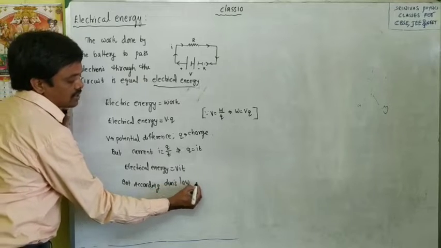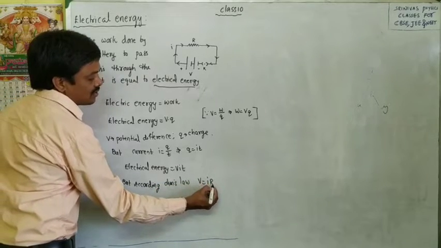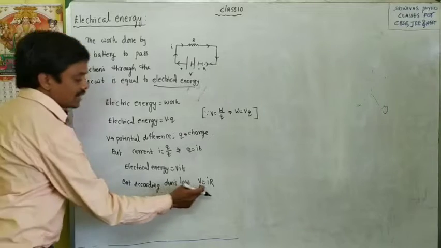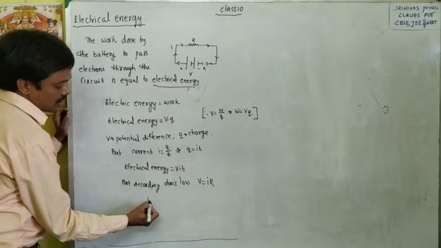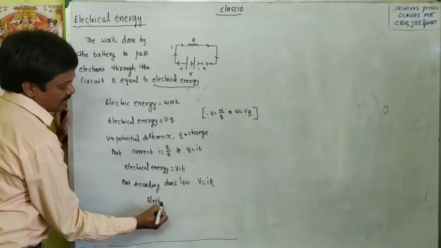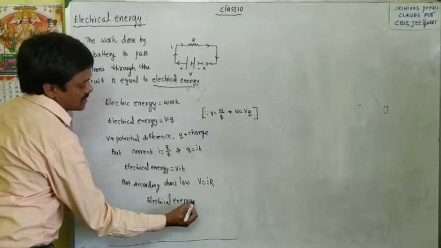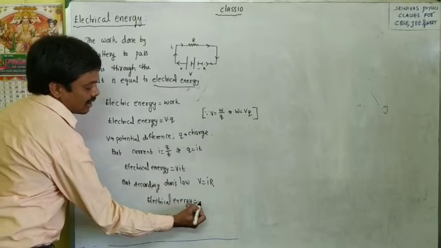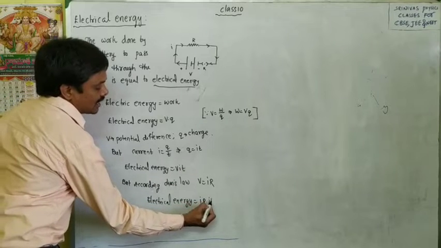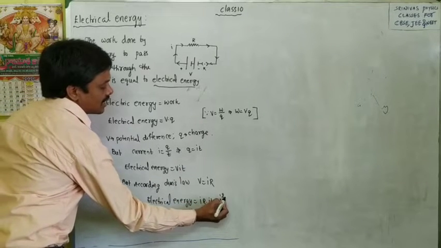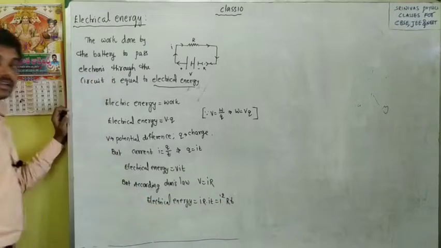What is the Ohm's law equation? Potential difference V is equal to IR, where I is the current and R is the resistance. That we substitute. Then another electrical energy formula we get: V is IR, IR into IT, that is I square RT.